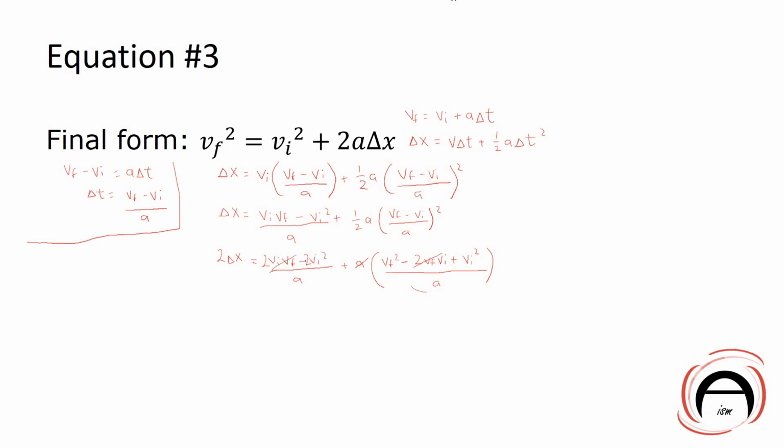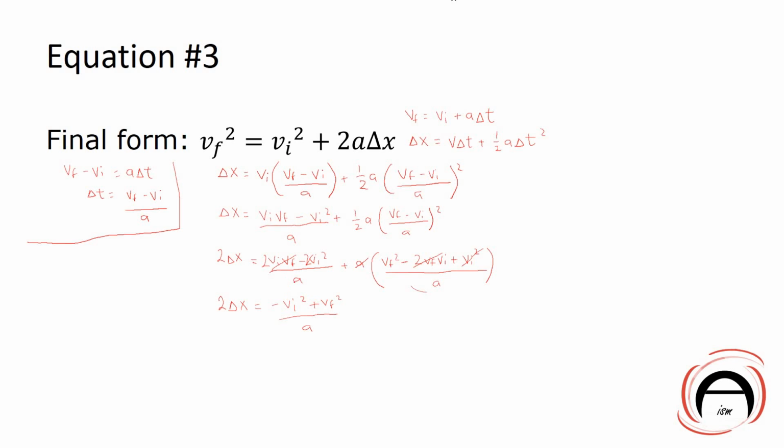And then this is a negative 2 Vi squared, and you have a Vi squared over here, so this one is also going to cancel, and this is just going to be a negative Vi squared. So after doing all those cancellations, 2 delta x is going to be equal to negative Vi squared plus Vf squared over A.